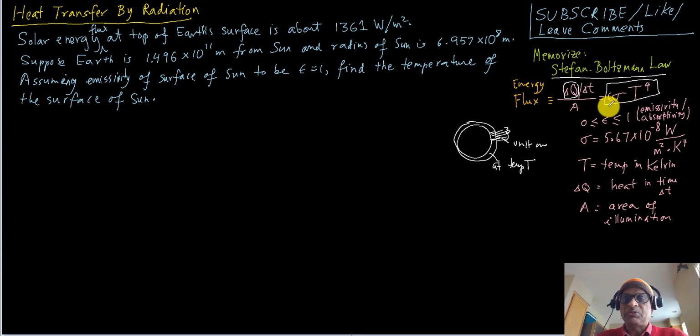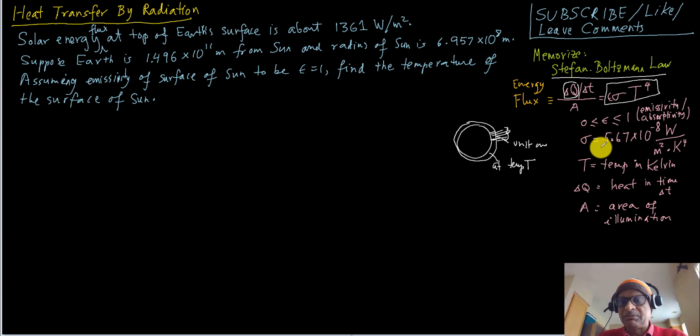The epsilon equals 1 for a black body, and if the body is different than black, then it can be between 0 and 1. So a black body will absorb also with epsilon 1 and emit with epsilon 1. Sigma is the Stefan-Boltzmann constant. It's a universal constant.